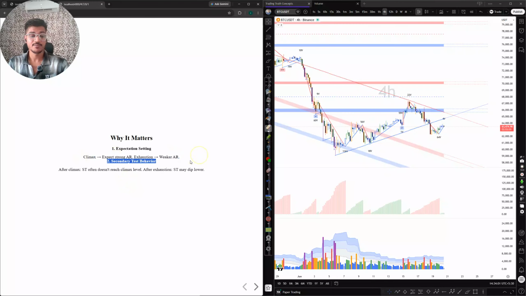Second is secondary test behavior. After climax, the secondary test often doesn't reach the climax level, but after exhaustion, the secondary test may dip lower, which I've shown you guys. Indicator reading: the volume wave at extremes shows high values, which shows climactic action.